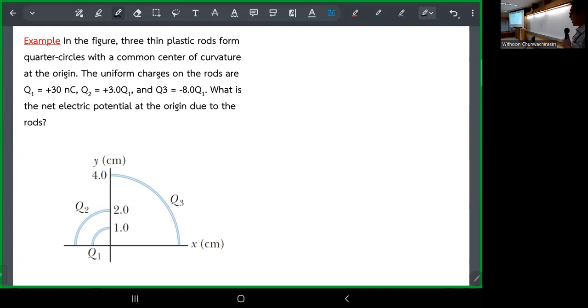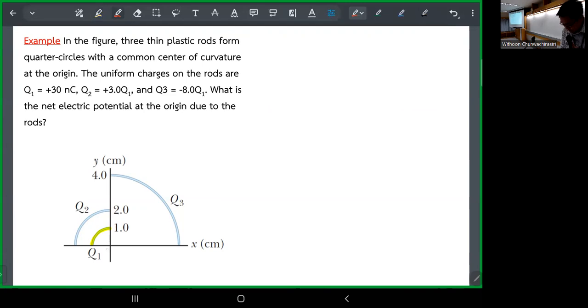The way you might do this in the exam is to make the argument right away. Start from Q1, which is 1 centimeter away from the origin. Let me call this V1.